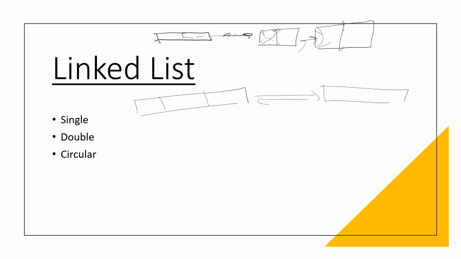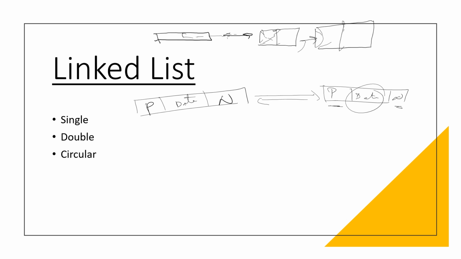So what will happen here is we have the pointer for the previous, the pointer for the next, and here we have the data. Similarly, previous, data, next. This will have the address of the next, this will have the address of the previous, and this will have the data.